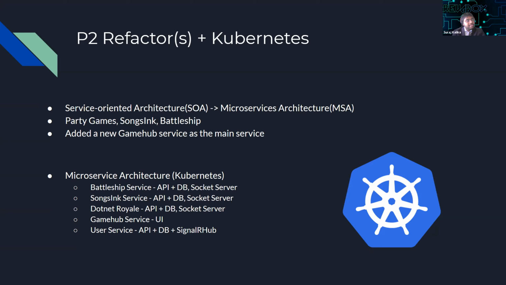So we had party games, SongSync, and Battleship. We created those as microservices, and we created a new service called the Game Hub service, which acted as our main service. To create this new architecture, we utilized Kubernetes. As you can see there, we listed out our services: a Battleship service, a SongSync service, a .NET Royale service, a Game Hub service, and a user service.